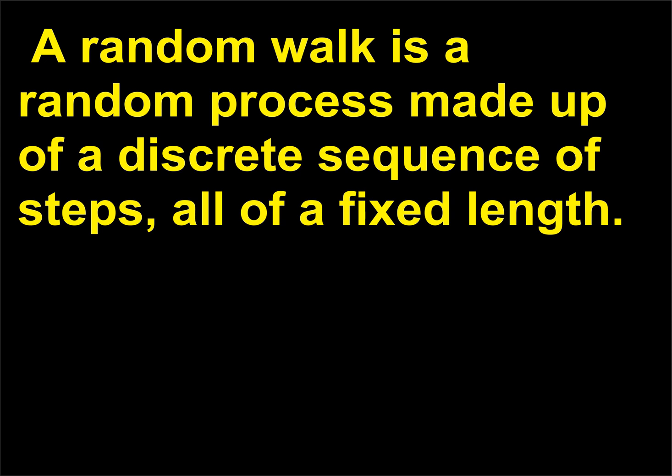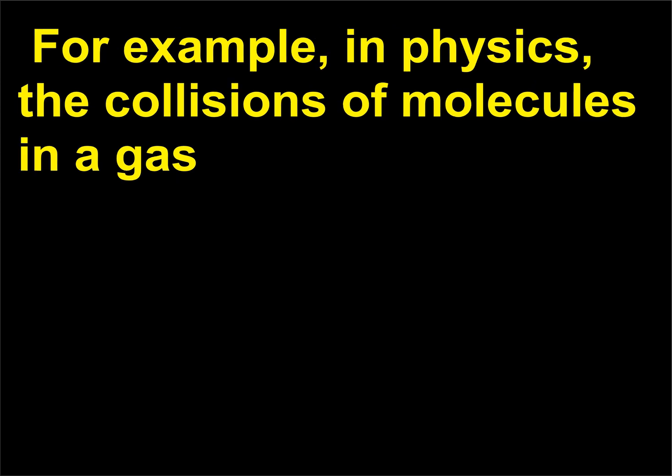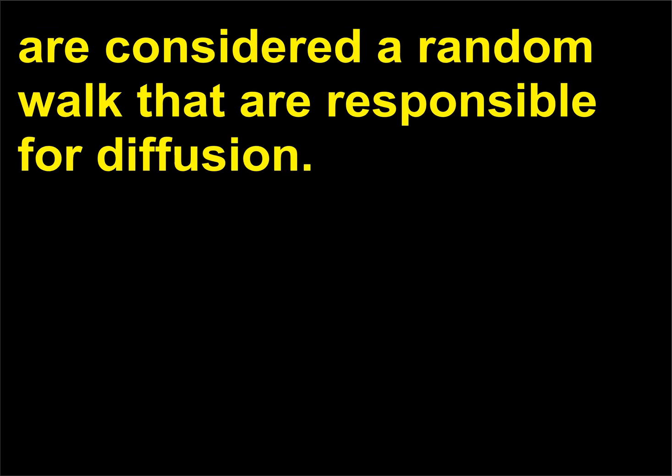A random walk is a random process made up of a discrete sequence of steps, all of a fixed length. For example, in physics, the collisions of molecules in a gas are considered a random walk that are responsible for diffusion.